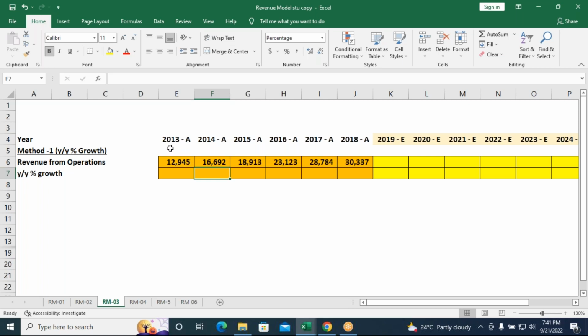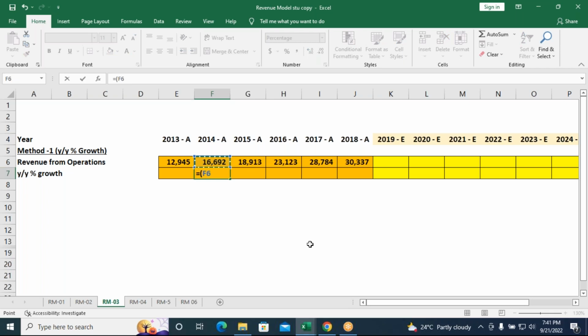So in the year 2013, it is 12,945, whereas in 2014, the revenue we have got is 16,692. So now we can see there is an increase in the revenue. How much percentage of growth has happened from 2013 to 2014? I need to calculate that. So for that, I'll put the formula. I'll open the parenthesis, select the second year first.